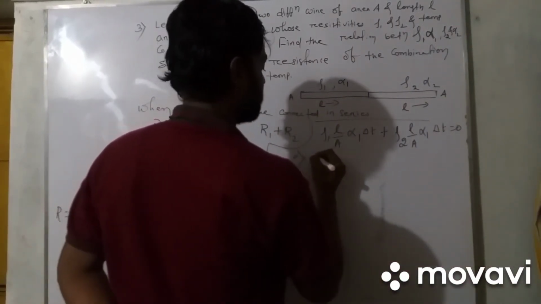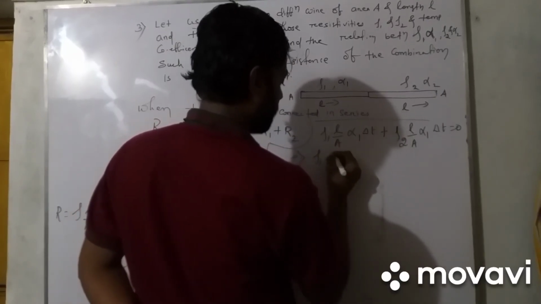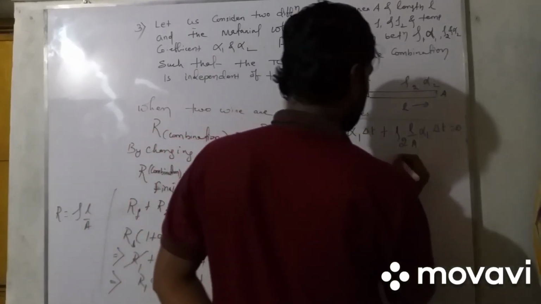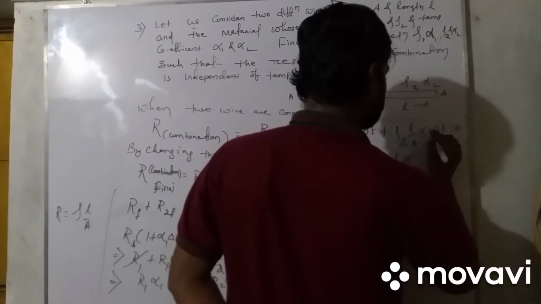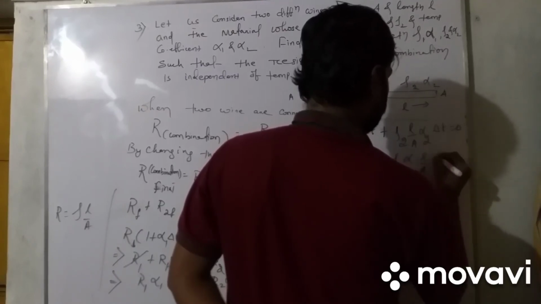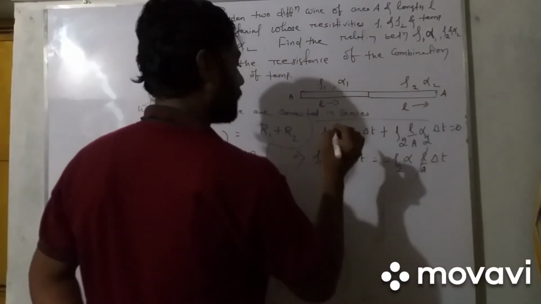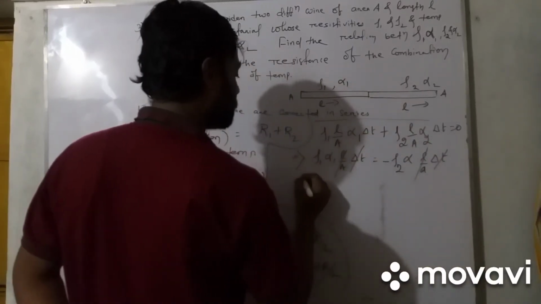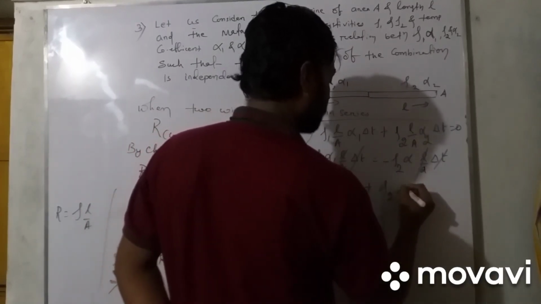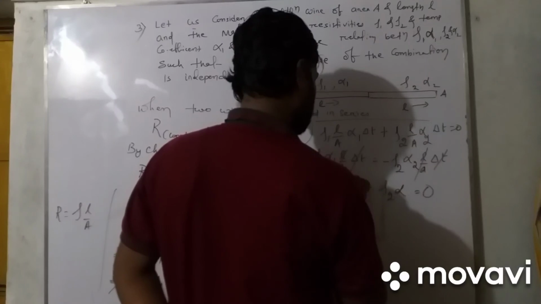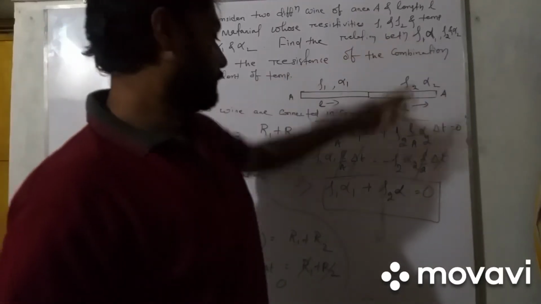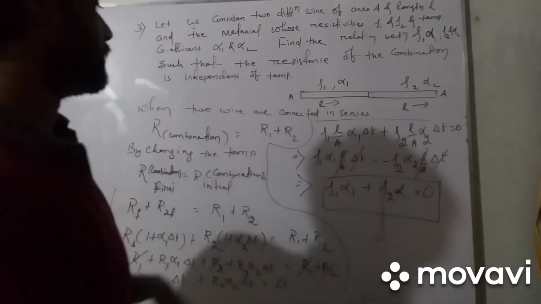Here, rho 1 alpha 1 L by A delta equals minus rho 2 alpha 2 L by A delta. So L by A cancels out, delta cancels out. What will happen? Rho 1 alpha 1 plus rho 2 alpha 2 is equal to 0. So this is the relation between rho 1 alpha 1 and rho 2 alpha 2.